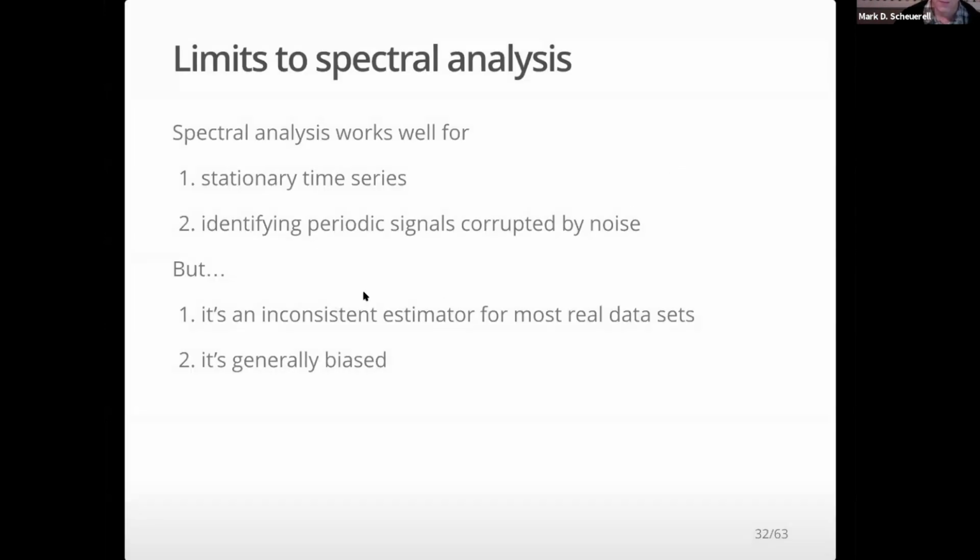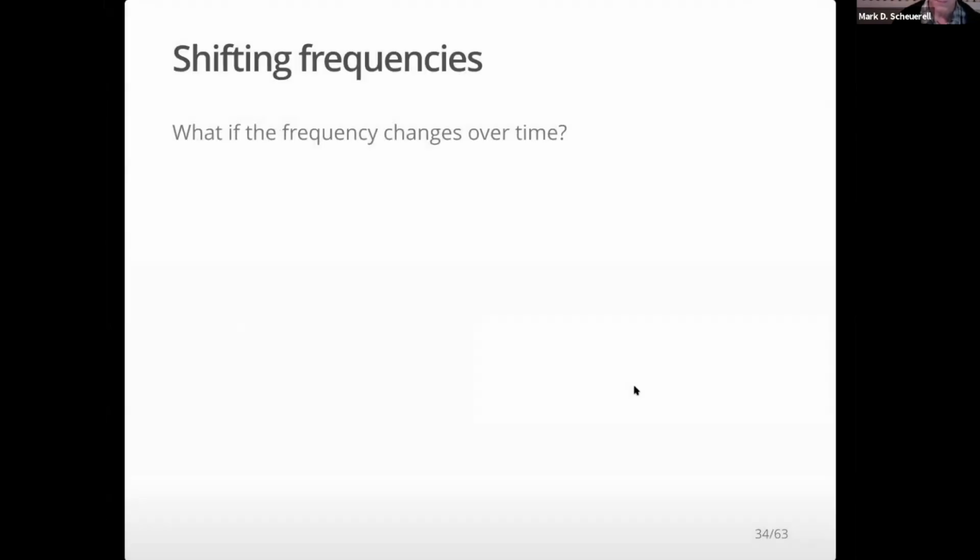Okay. This issue motivates something called wavelets. When we talked about Fourier transforms in spectral analysis, we had a set sine wave with a set frequency and amplitude, and then we just added a whole bunch of those up. But there are situations where that sine wave is being pushed and pulled.